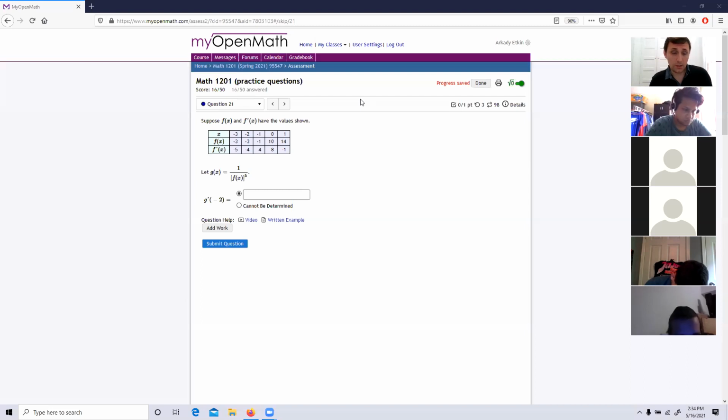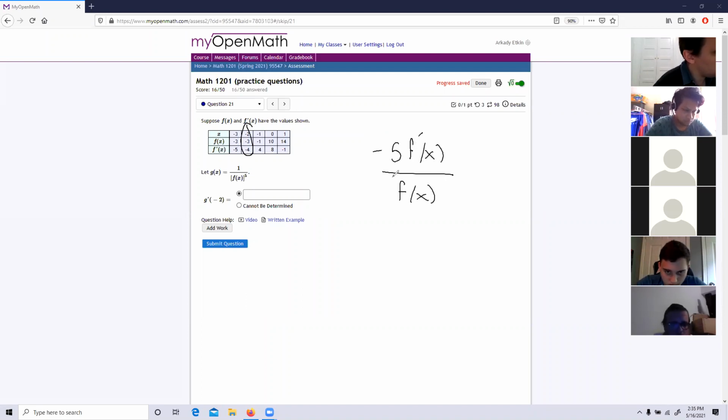All right, so what do we write here? We select which column? We select the column corresponding to -2. Here it is. And what do we put in? The derivative is minus 5 f prime x divided by f of x to the power 6. So what do we put in?